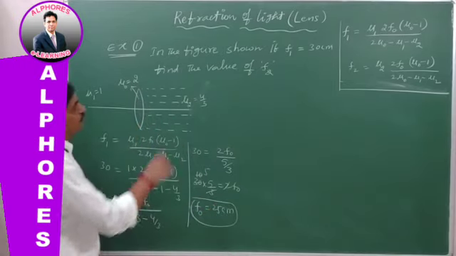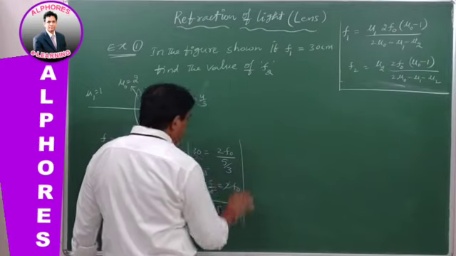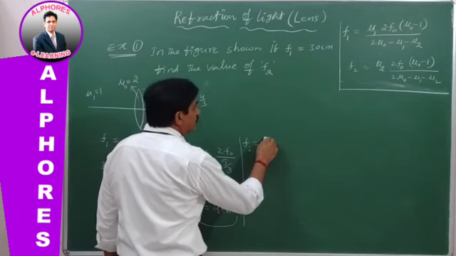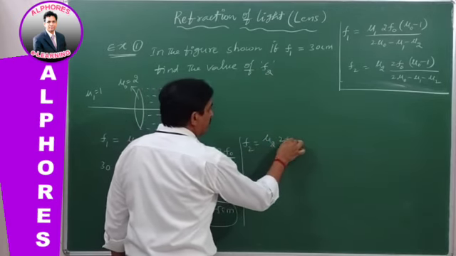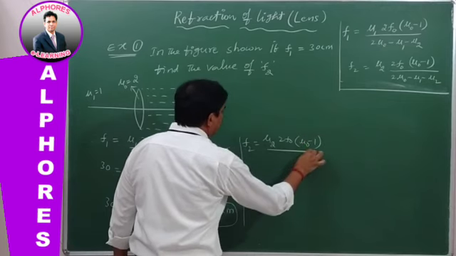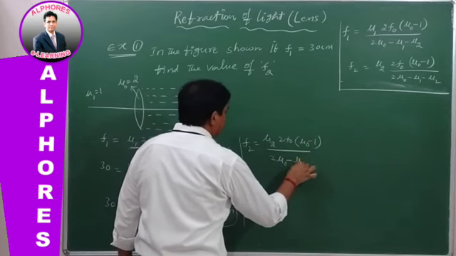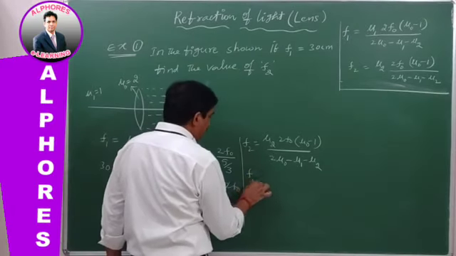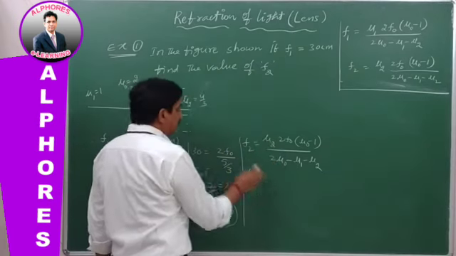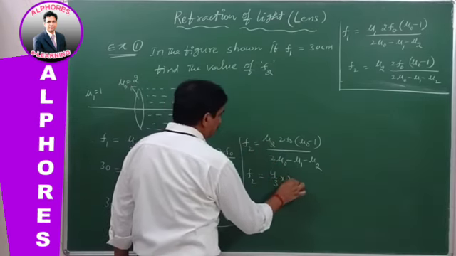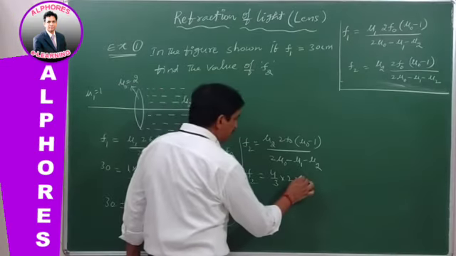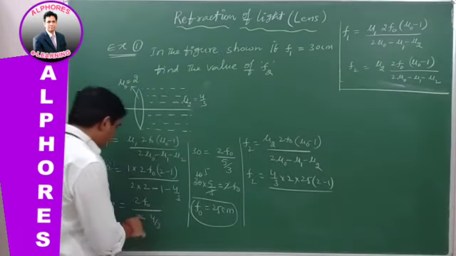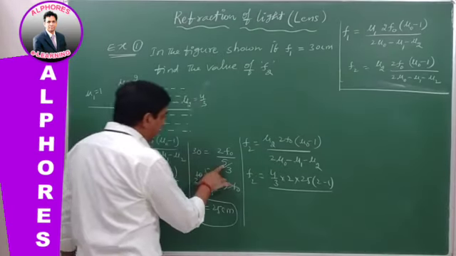Then let us go for finding f2, and directly we can use the f2 formula here. f2 is equal to mu2 into 2 f naught, mu naught minus 1, by 2 mu naught minus mu1 minus mu2, and substitute all those values. f2 is equal to, mu2 is 4 by 3 into 2 into f naught, 25, into 2 minus 1, by, here the total in the denominator we are getting 5 by 3.